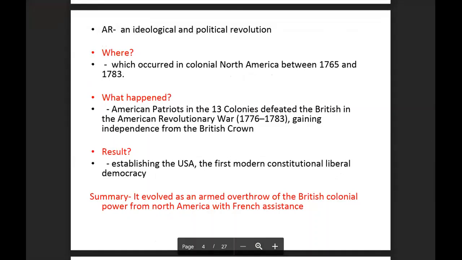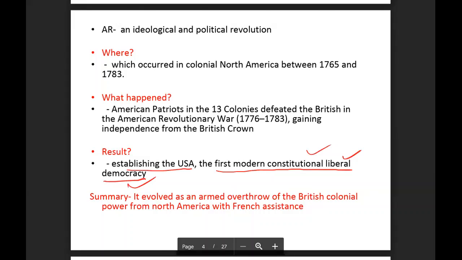We will see how all this happened in the coming slides. And what was the result of the American Revolution? The result was the establishment of the United States of America, the first modern constitutional liberal democracy. The world's first modern constitutional liberal democracy was set up as a result of the American Revolution and the American Civil War. That is the end of the American Revolution.